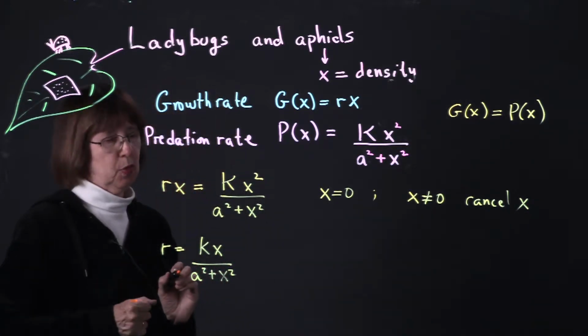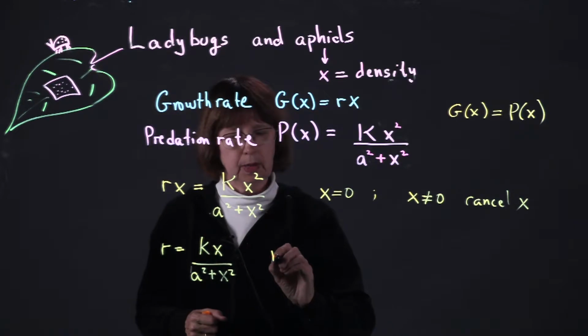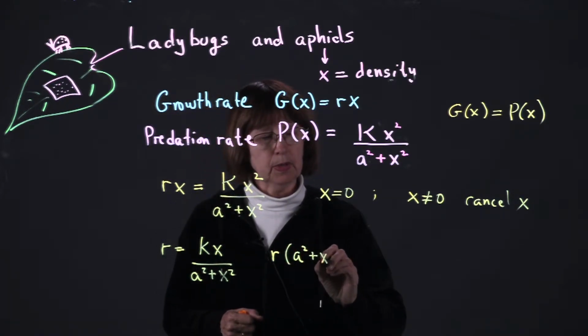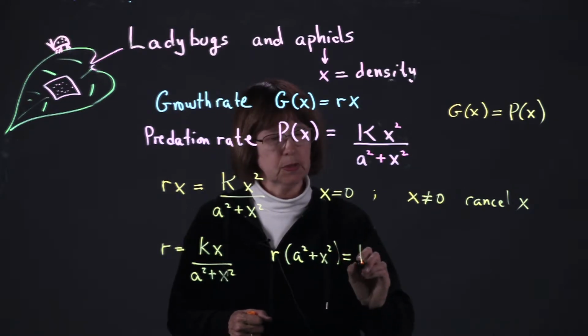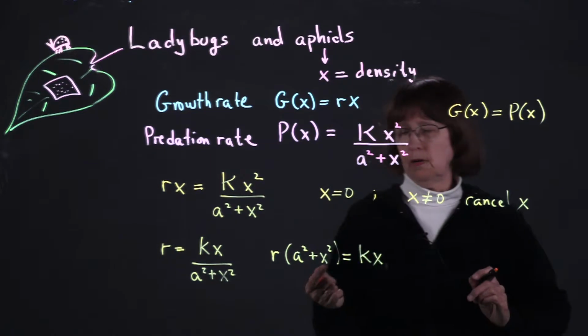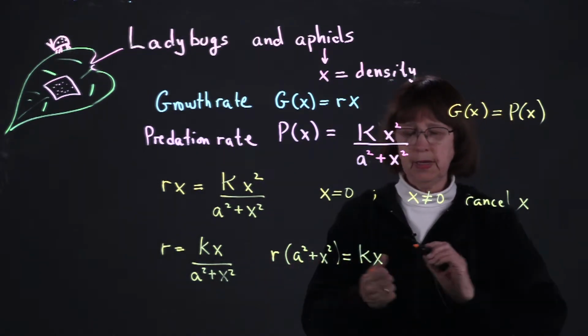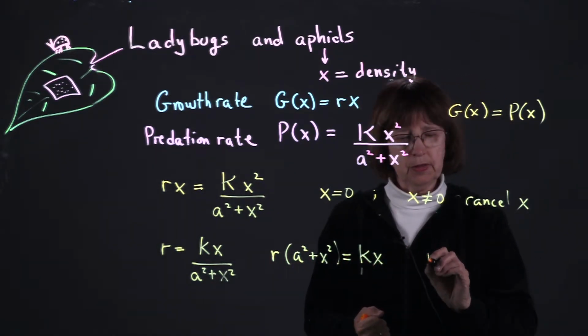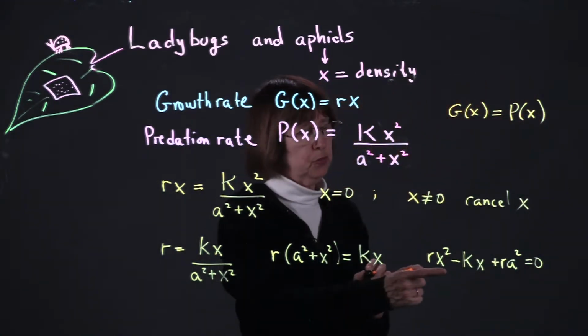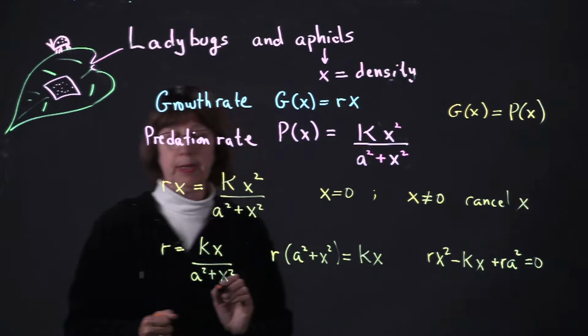Let's rewrite this in a more convenient form. Algebraically, we can simplify it to r(a squared plus x squared) equals kx. And we can rewrite this in yet another form of a quadratic equation by combining terms and arranging everything on one side of the equation. So in this quadratic equation, we can solve using the quadratic formula.